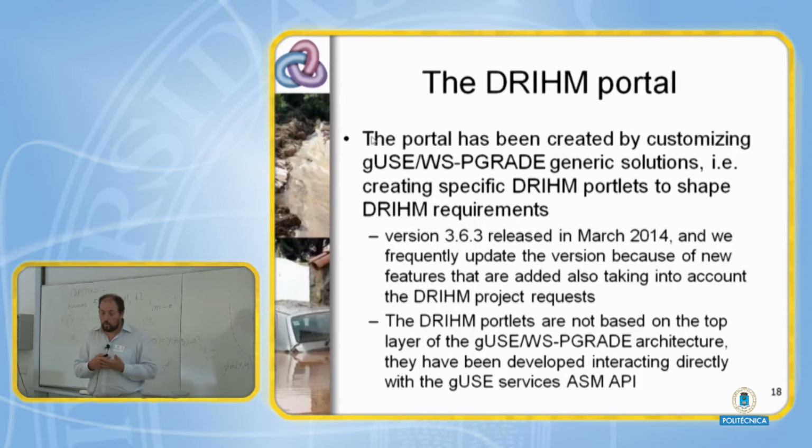Up to now, we are relying on gUSE. The gUSE version implemented in the DRIHM Portal is 3.6.3. They are moving fast.